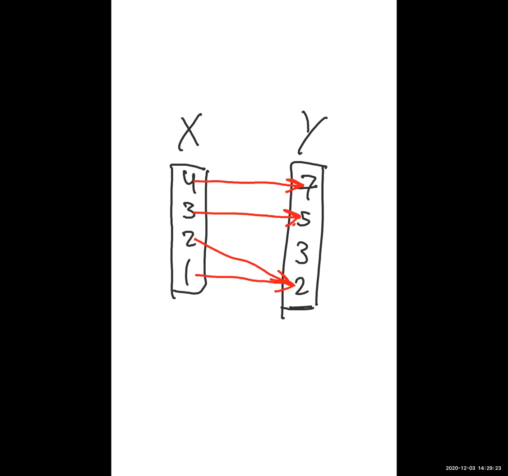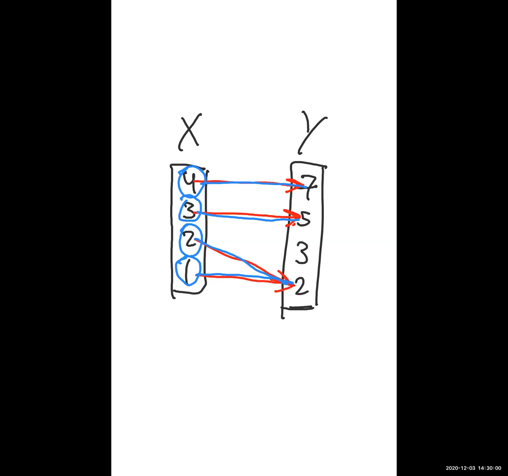In the case of an arrow diagram, each element of the set X has only one arrow going out of it to one element of Y. So only one arrow from 1, from 2, from 3, from 4. One arrow from each element. So this means function.